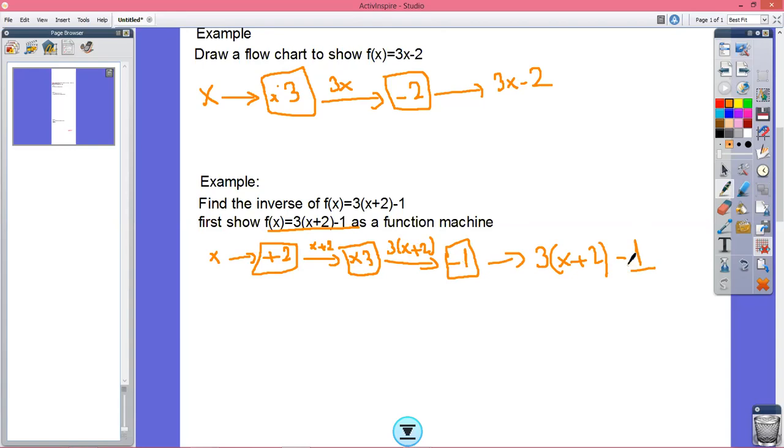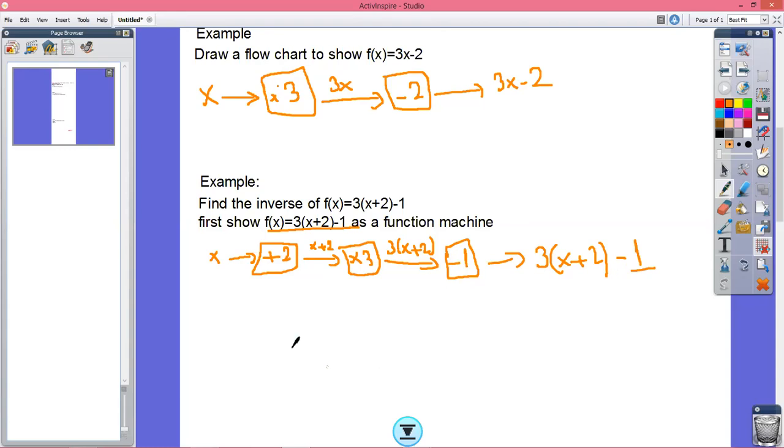Now let's try to find the inverse of this function. Now what do we need to do? Here we need to do it like this one.